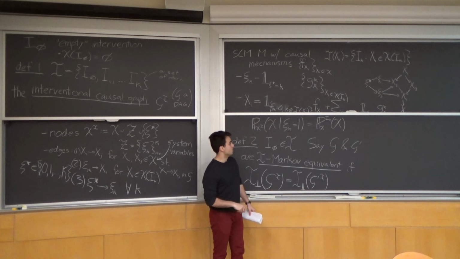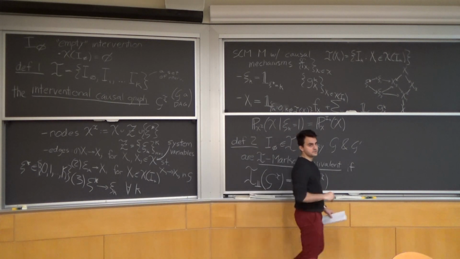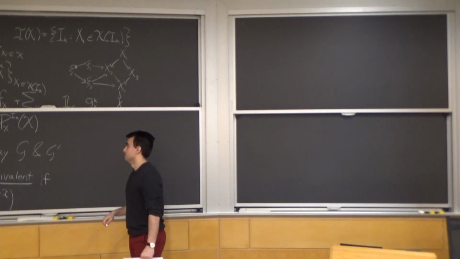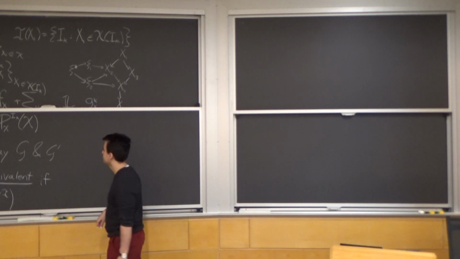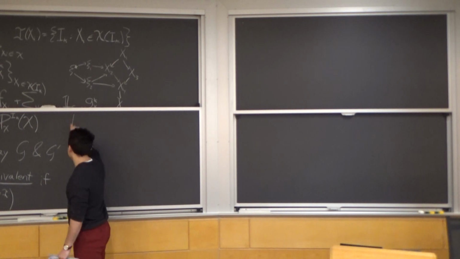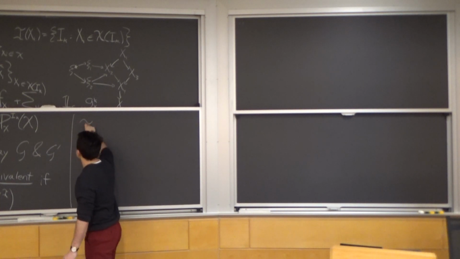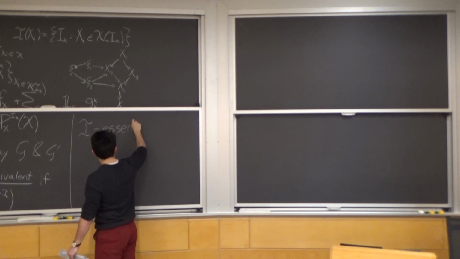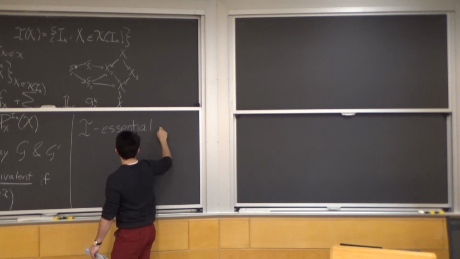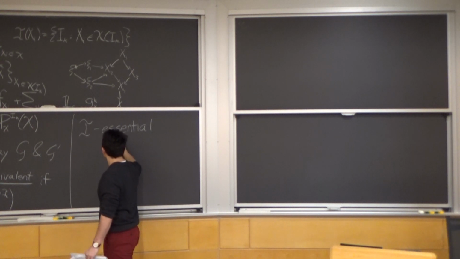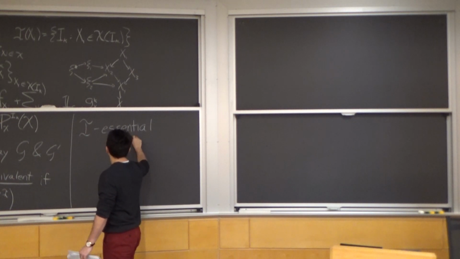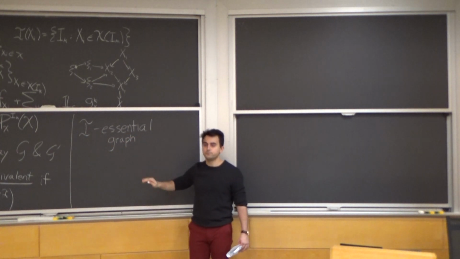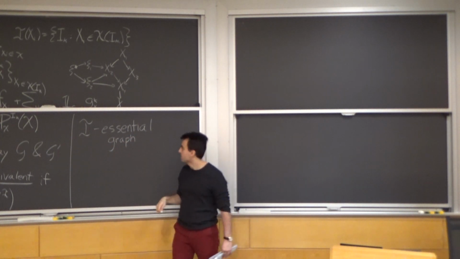I will just write the term on the board. It has the same definition as we had in the case of observational data. So the I essential graph is that graph where we take all of the things that are Markov or interventionally Markov equivalent.